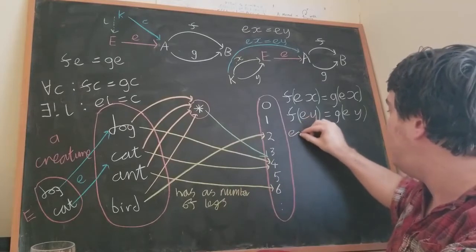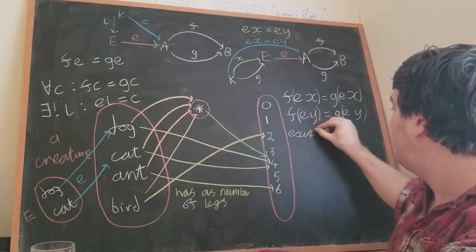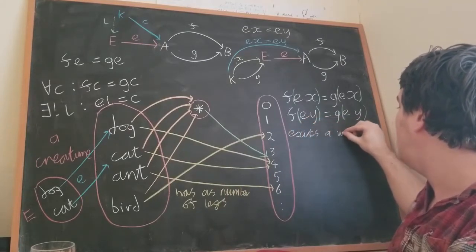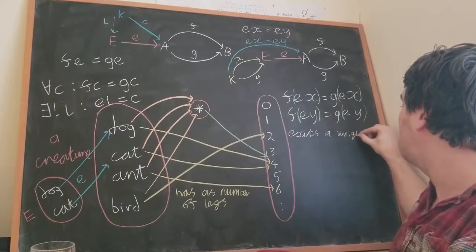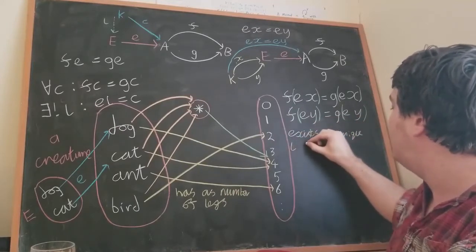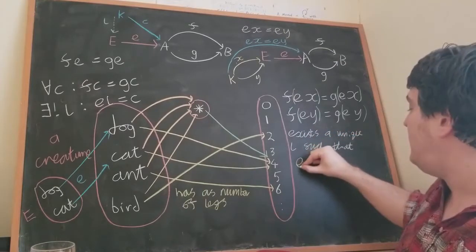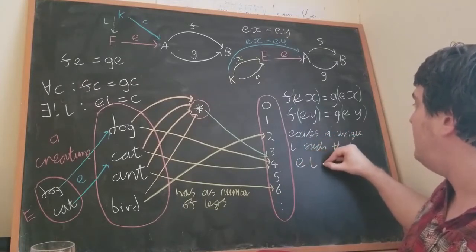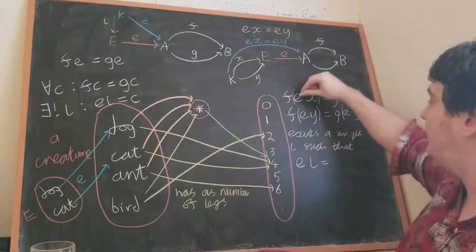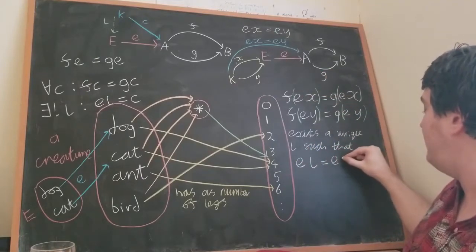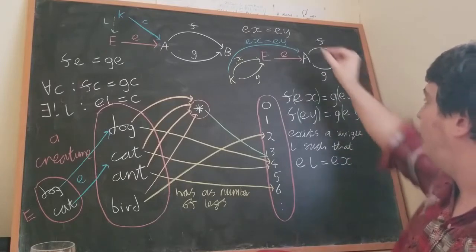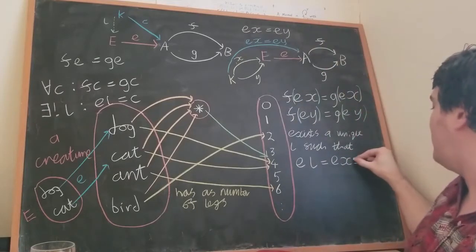We know that there exists a unique l such that e after l is equal to our c, which is e after x. But it's also e after y.